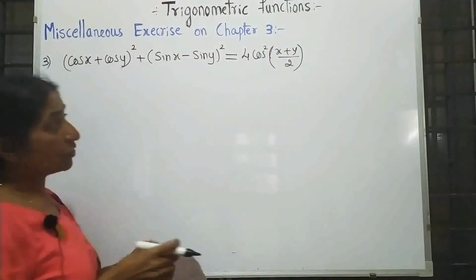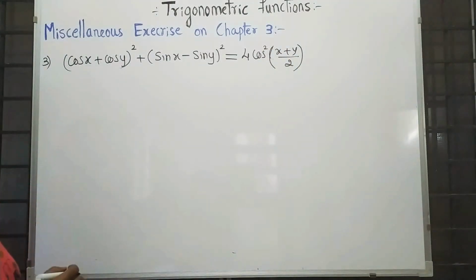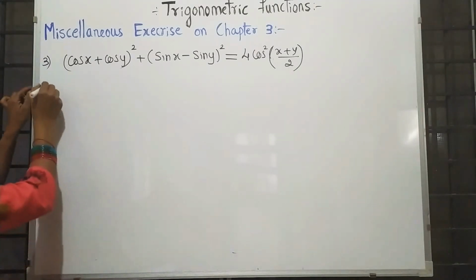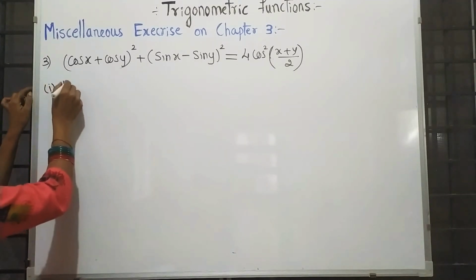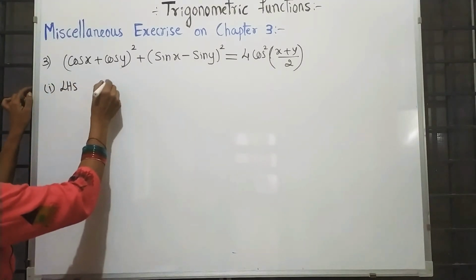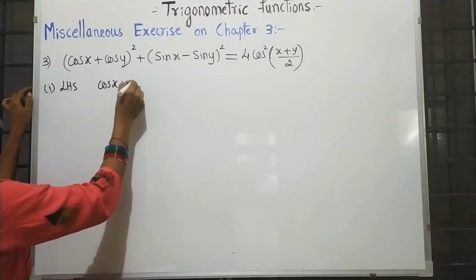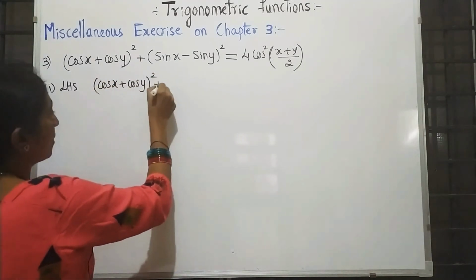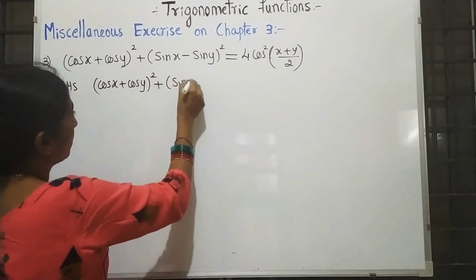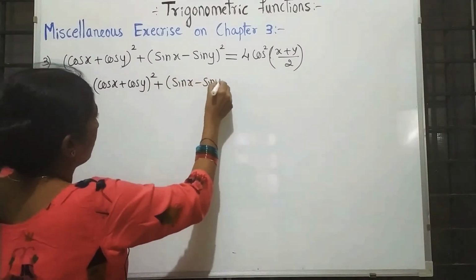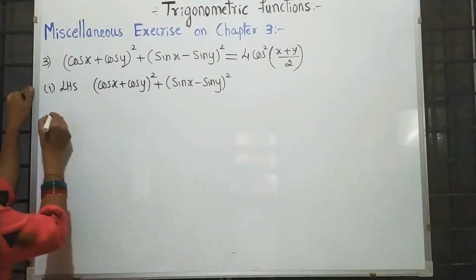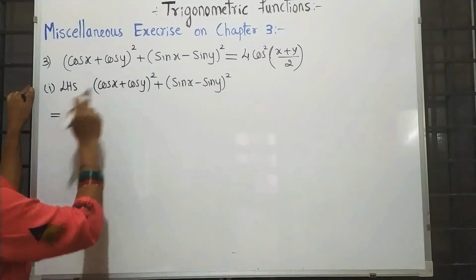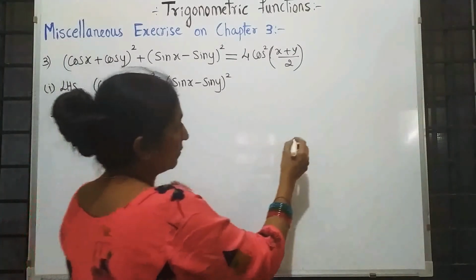See here, I will show you two methods. For the same problem I will explain two methods. First one, as usual I will write the LHS. Cos x plus cos y whole square plus sin x minus sin y whole square. First I am applying cos c plus cos d and sin c minus sin d.